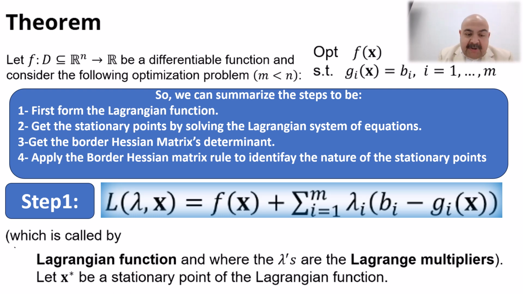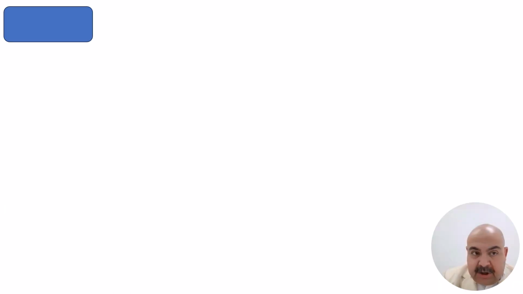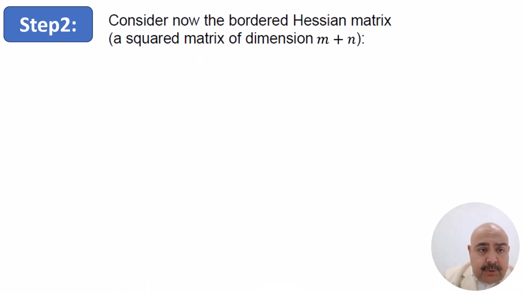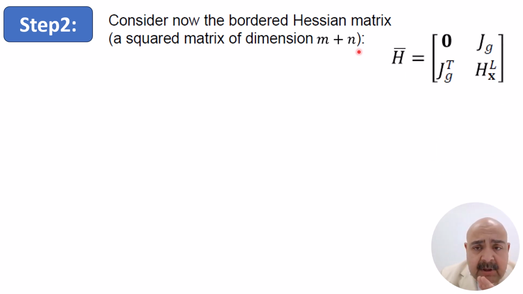X star will be the stationary point of this Lagrangian function. Step number 2, consider the border Hessian matrix, which is a square matrix. Very, very simple. And this is the formulation of the Hessian matrix, and that's the border Hessian matrix that we spoke about earlier.